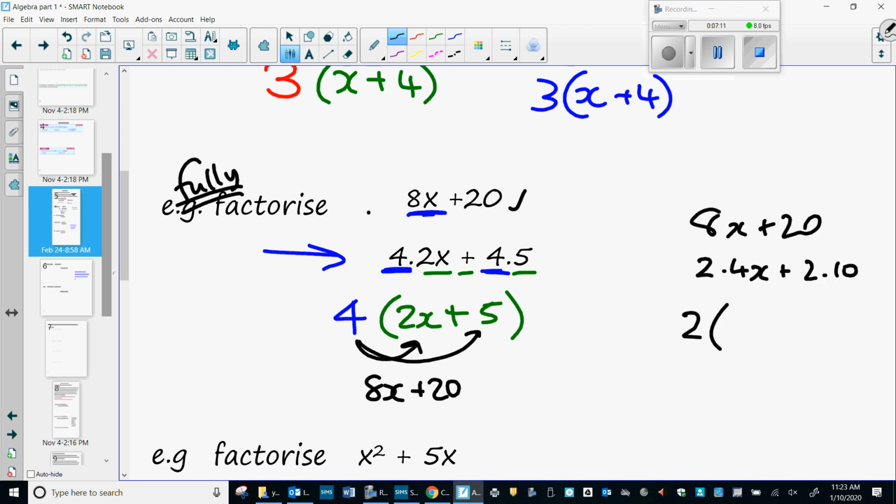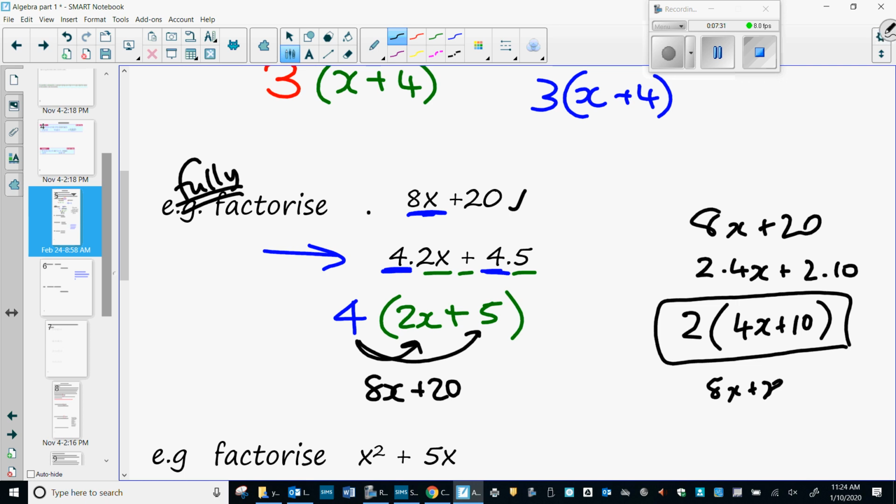And so my 2 is common, and I've got 4x plus 10 in my bracket, and I get very happy with myself, and I say, great, I've factorized it. Okay? And if I were to expand that out, I'd end up with 8x plus 20. Oh, I'm awesome. But it can go further. This is not fully factorized.